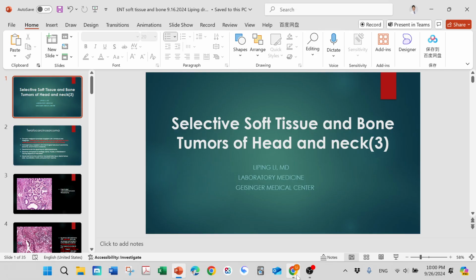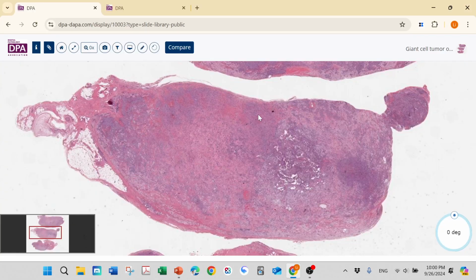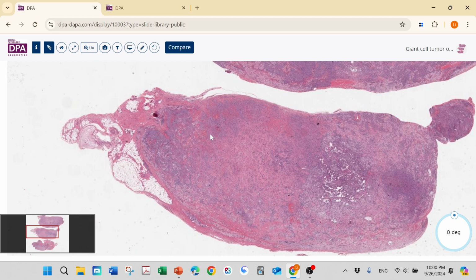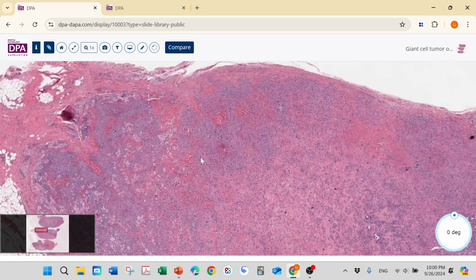Let's see this piece first. A kind of well demarcated mass, so we may think of a benign entity. Then for the giant cell tumor, of course, we would like to see the giant cell first, right? So let me find some giant cells.